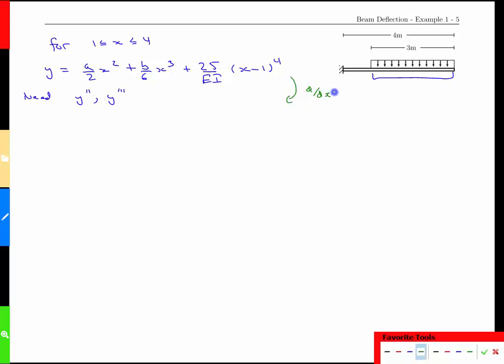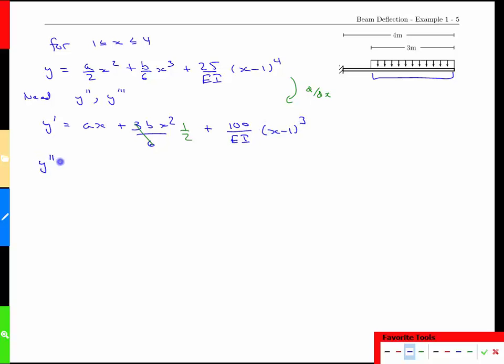We're going to take x derivatives, and that'll give us y prime is 2ax. We have a 2 in the bottom, so it's just ax. Then we have 3bx squared over 6. That's better known as a half. And then we have 100 over EI times (x minus 1) cubed.